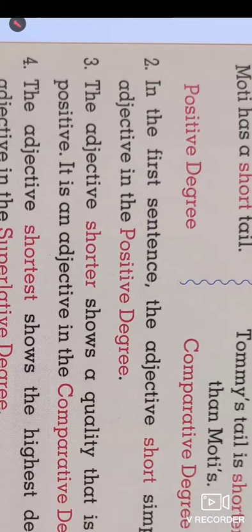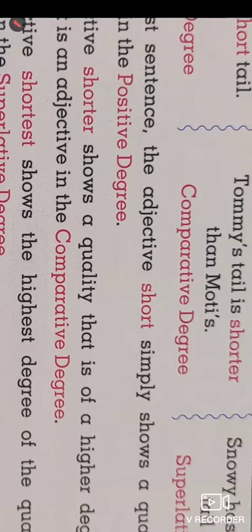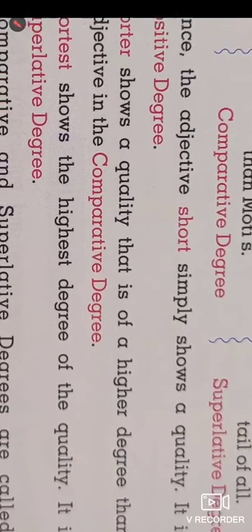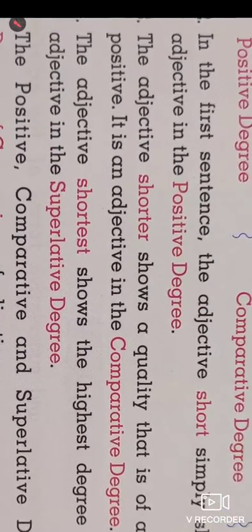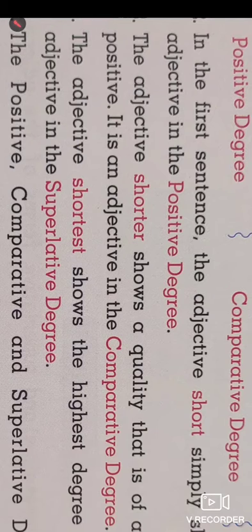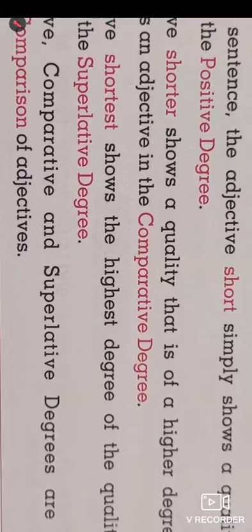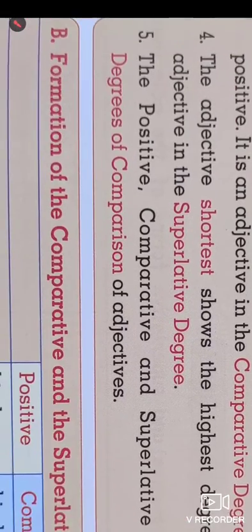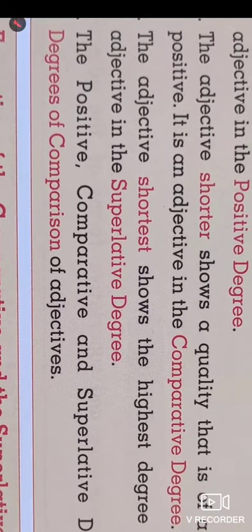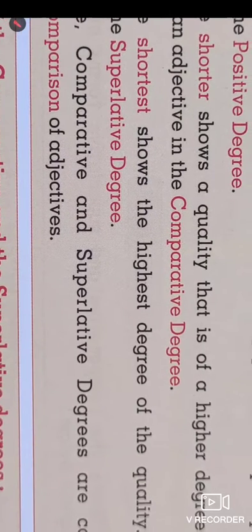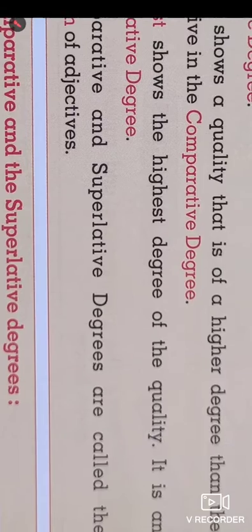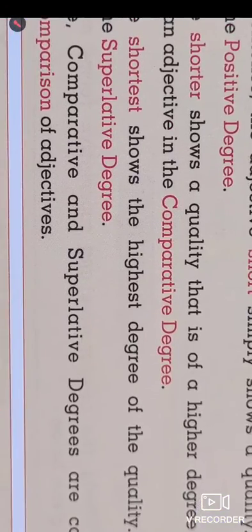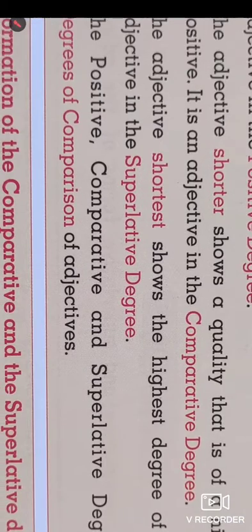The third point is, the adjective shorter shows a quality that is of higher degree than the positive one. It is an adjective in the comparative degree. The fourth point is, the adjective shortest shows us the highest degree of quality. It is an adjective in the superlative degree.